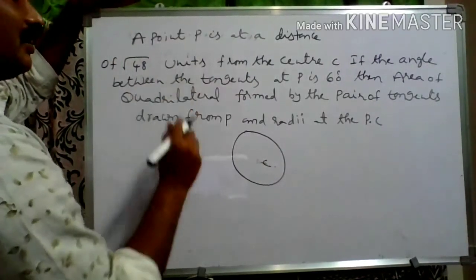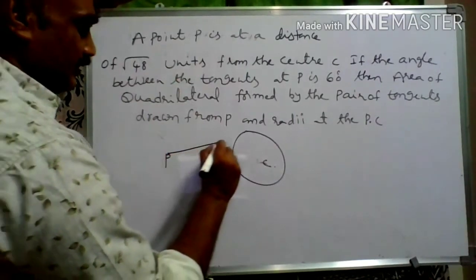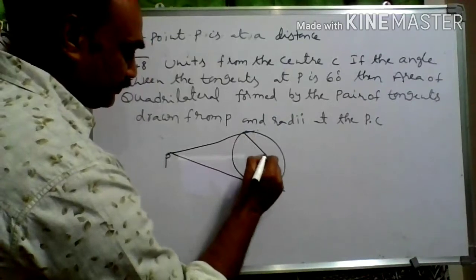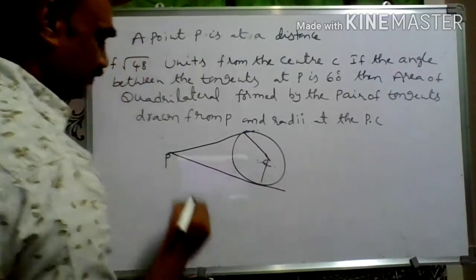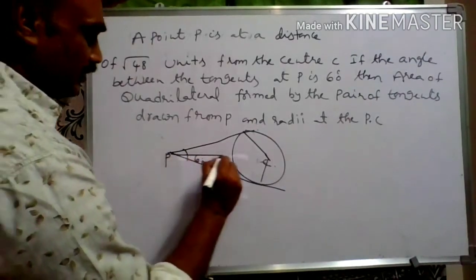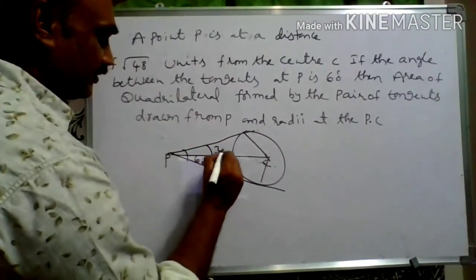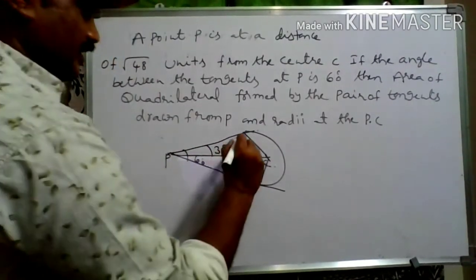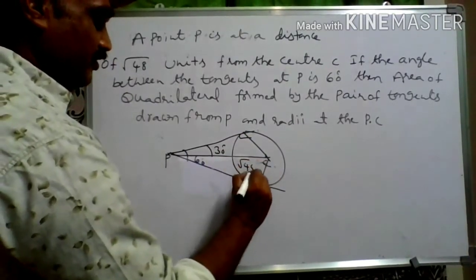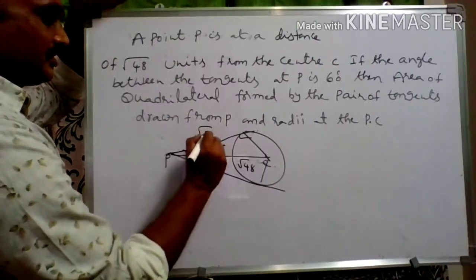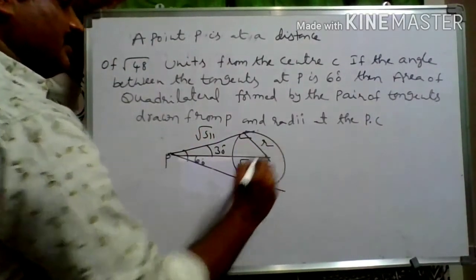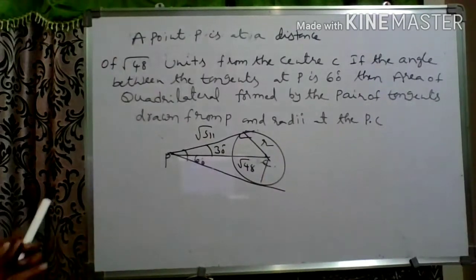And the angle between the tangents: from an external point, we can draw two tangents. This is 60 degrees, so this half is 30 degrees. Here the angle is 90 degrees. This is root 48, and this is root s11.